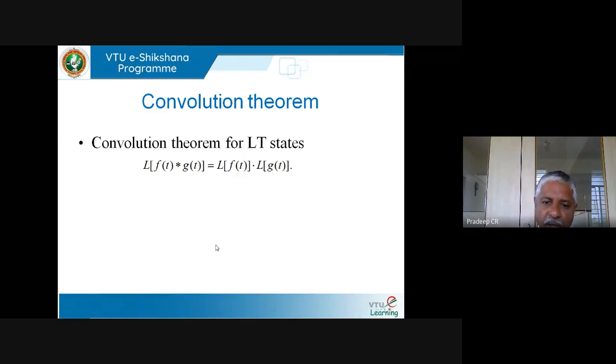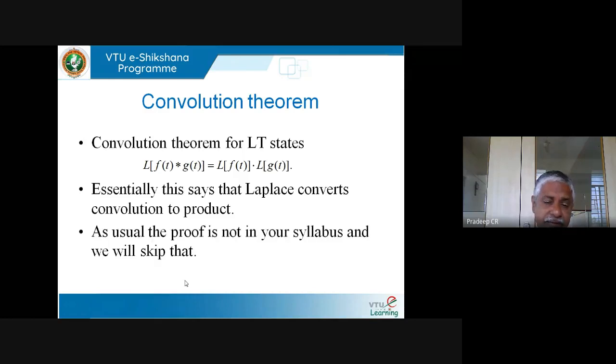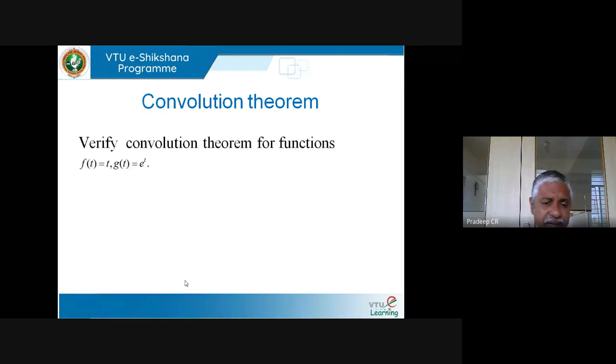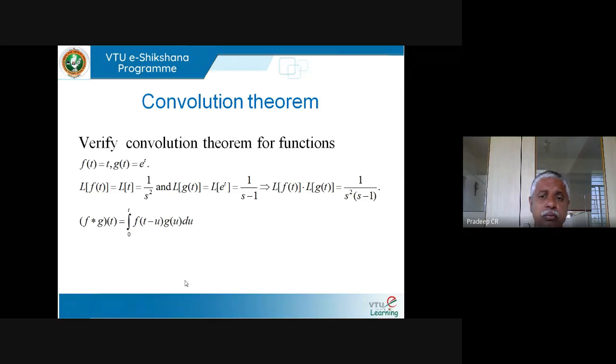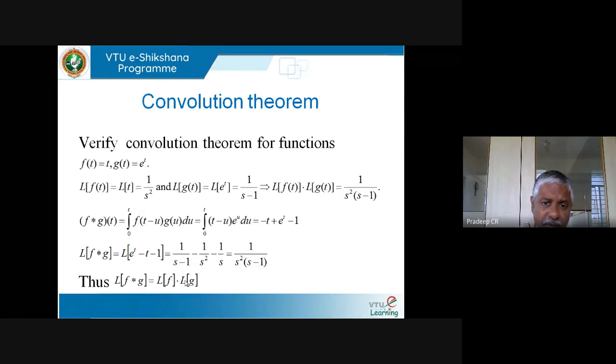One is to verify the Laplace convolution theorem for two easy functions. That's what we have done here. Verifying the convolution theorem means finding the Laplace of both functions, finding the product, finding the convolution of the two functions, finding the Laplace of that, and then showing that they are equal. That is one kind of problem.